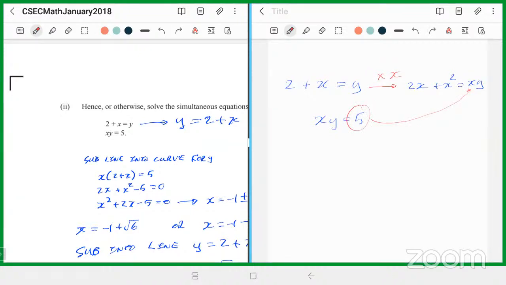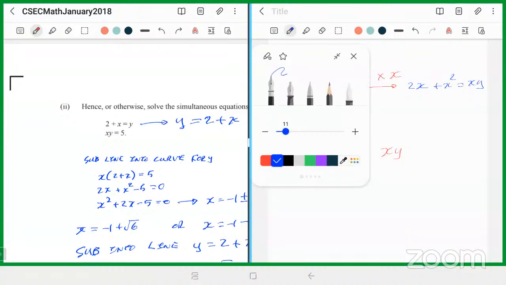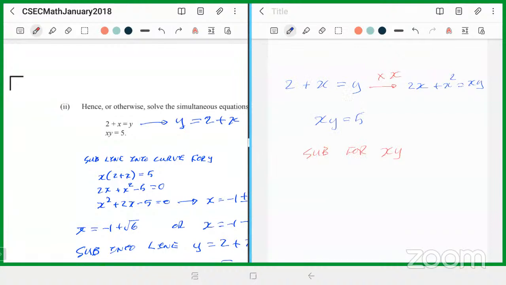So I substitute for xy, which is equal to 5. Then I will get 2x plus x squared equals 5, instead of xy.